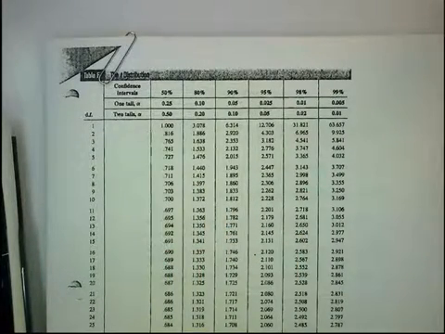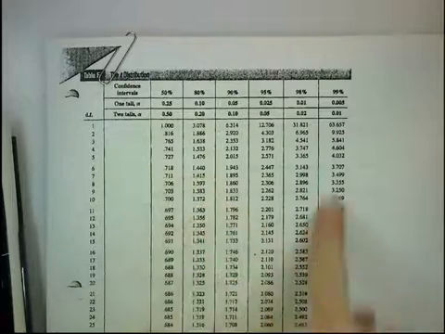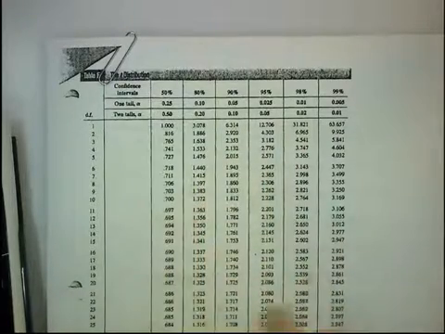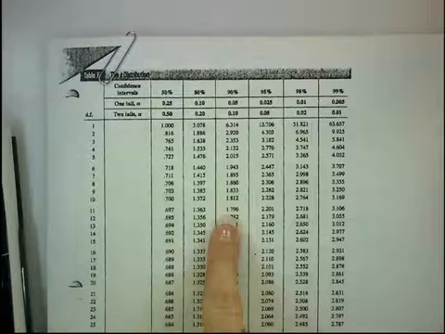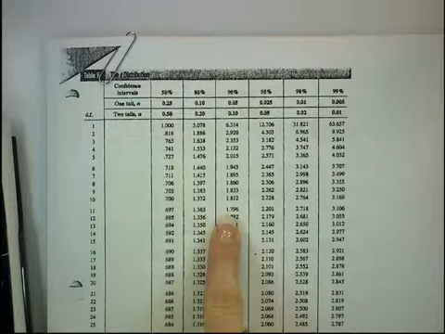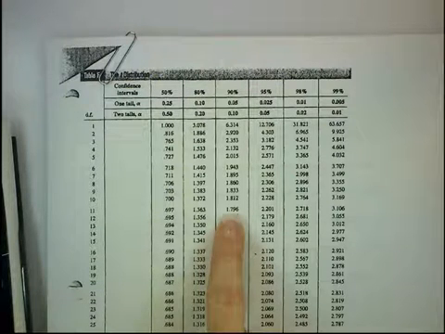Now, the other thing I wish for you to know is all of these values that you see inside here are the T values, the critical values that we are going to need to calculate these intervals. Notice how they're given to 3 places. So Z scores are given to 2 places, but T values are given to 3 decimal places.